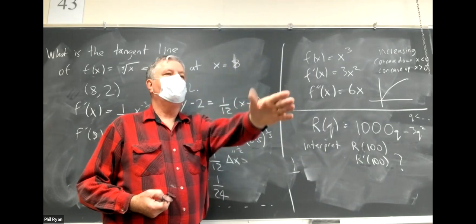Marginal revenue. Okay? So R of 100 is how much money we get from selling 100 items. R prime of 100 is how much money we get from selling the 100th item. So that's a useful thing. The fact that we have a formula just means that I get more opportunities to ask questions like this.